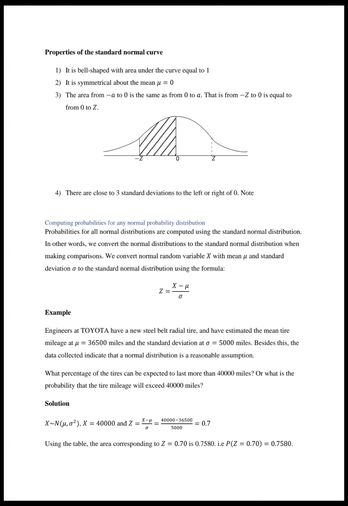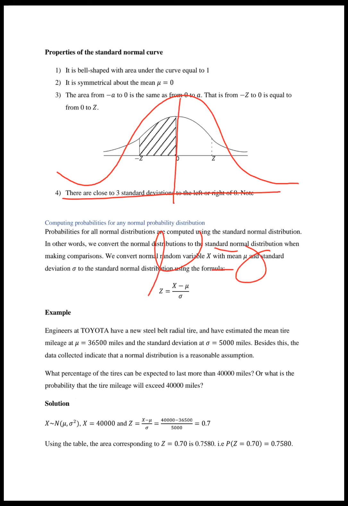Number one, it is bell-shaped. Number two, it is symmetric about the mean, so mu is always equal to 0. To be symmetric simply means the right side is always equal to the left side.